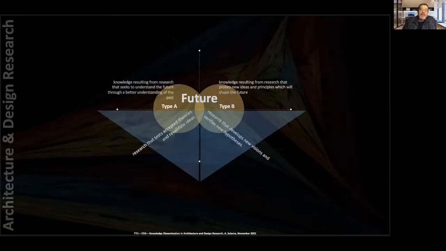Type B is about probing new ideas and principles that could shape the future. And in the first case, research is used to test the accepted ideas in type A, or validate them. And in the second case, research is used to develop new visions and verify new ideas.